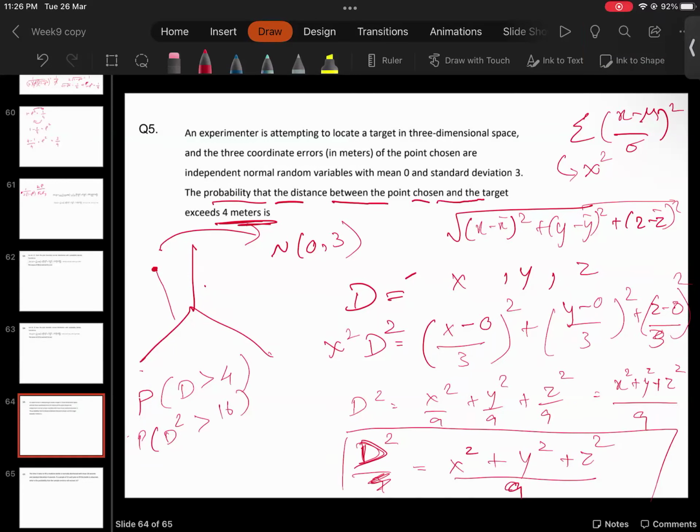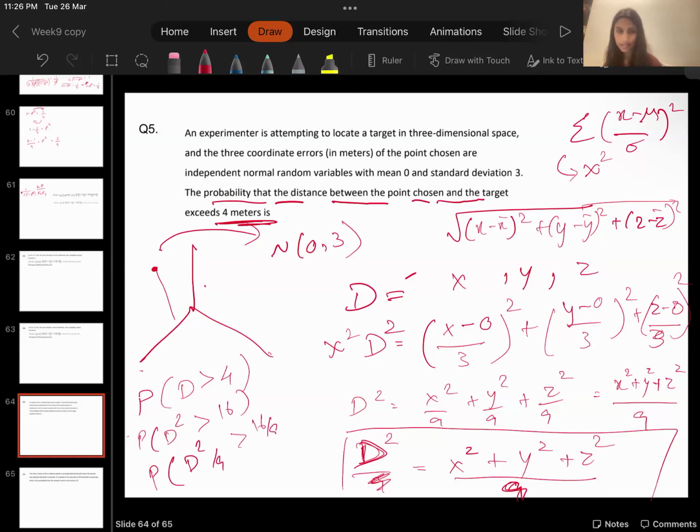You can also have 9 in the denominator, so you could do the probability of d square by 9 greater than 16 by 9. 16 by 9 will give you some value. We know that x square plus y square plus z square, divided by 9, follows a chi-square distribution. That's why we divided d square by 9.